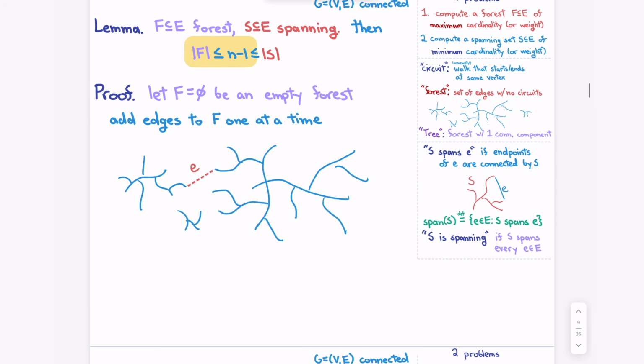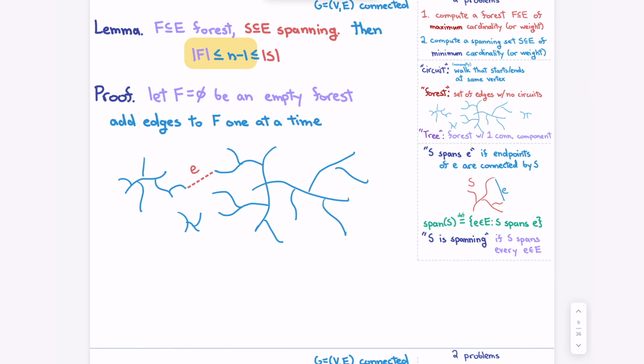Okay, let me just do this the old-fashioned way. I just want to get it down nice and clear. I don't think anyone doubts this is true, I just want to articulate it. So here's one way. We'll start with an empty forest and add edges one at a time.